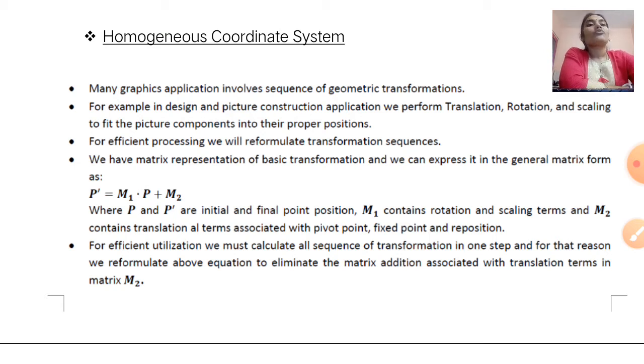For efficient utilization, we must calculate the whole sequence of transformations in one step. For that reason, we reformulate the above equation to eliminate the matrix addition associated with translation terms in matrix M2.